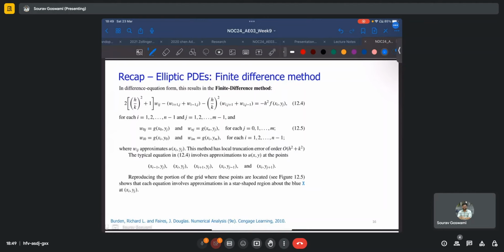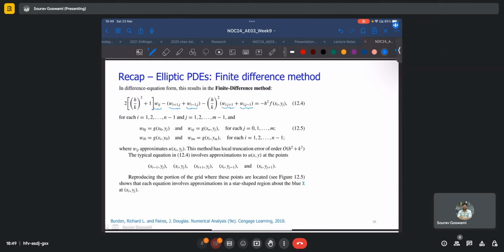So 2 times (h by k square plus 1) wij minus (wi plus 1j plus wi minus 1j). We see that different mesh points are utilized in this equation. Minus h square by k square (wij plus 1 plus wij minus 1) equals minus h square times some function of xi and yj.